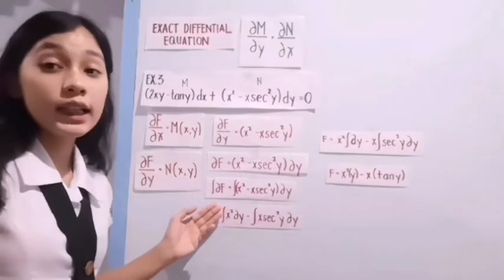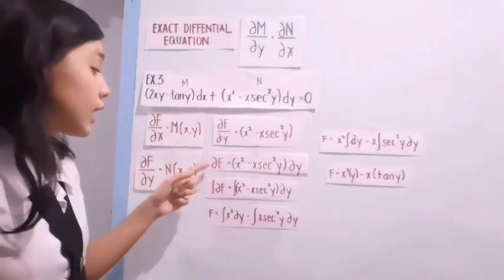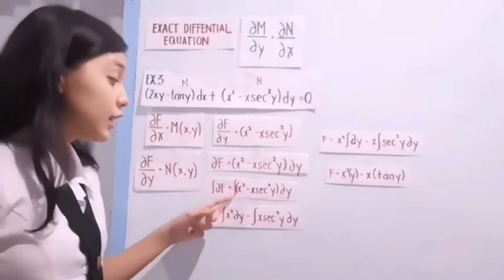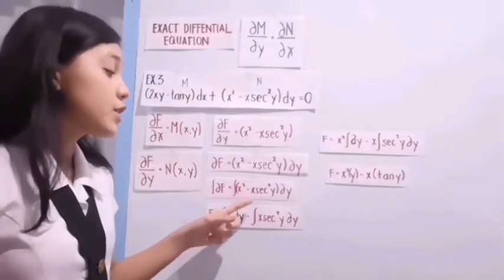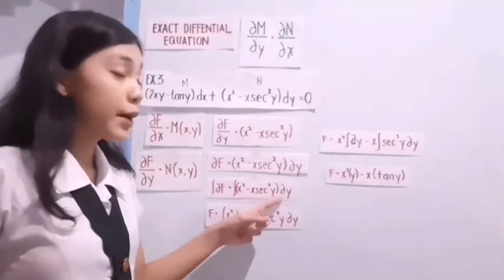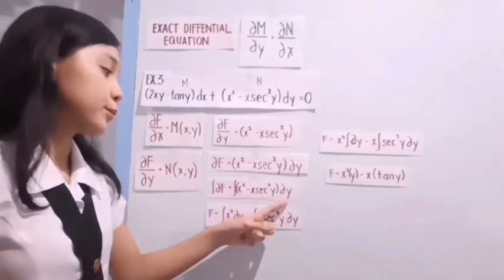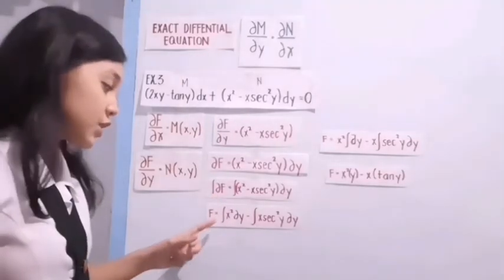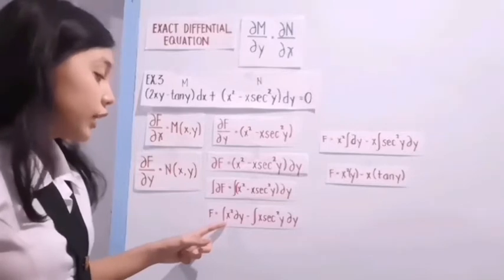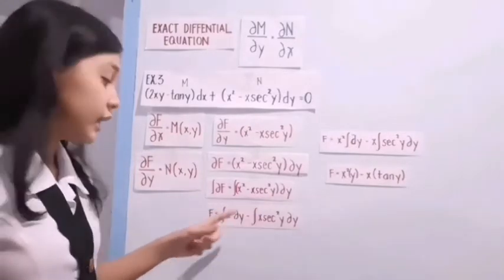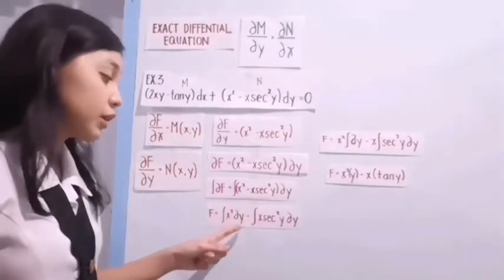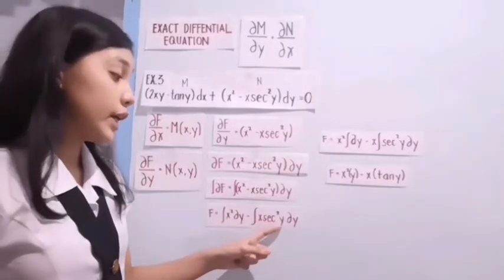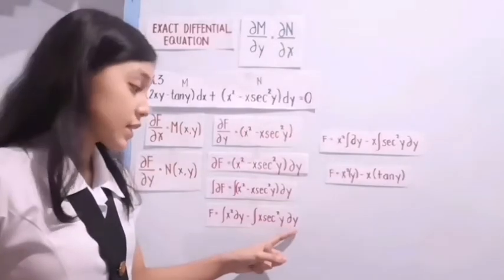So, sa part na to, i-integrate na natin. The integral of partial derivative of f is equals to the integral of x squared minus x secant squared y partial derivative of y. Tapos dito, the integral of partial derivative of f is just f is equals to integral of, pinaghiwalay na natin sila, integral of x squared partial derivative of y minus integral of x secant squared y partial derivative of y.